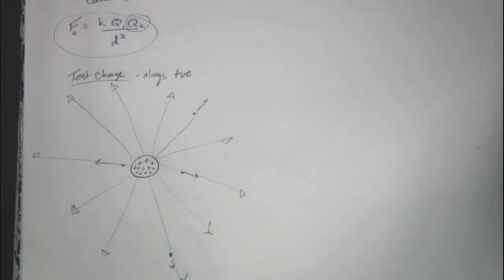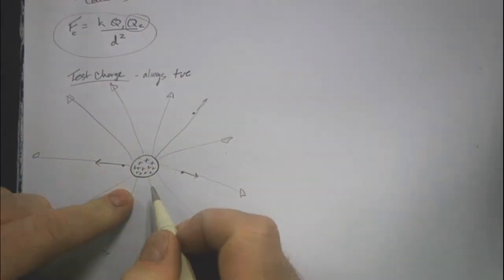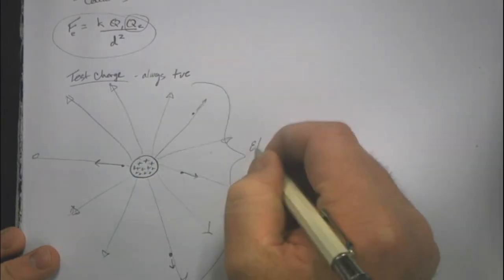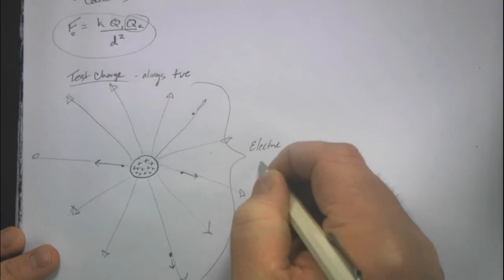If we keep moving our charge, we see that the direction of the force, no matter where we put our test charge, is always going to be away from our central charge. And collectively, this whole thing is called the electric field.